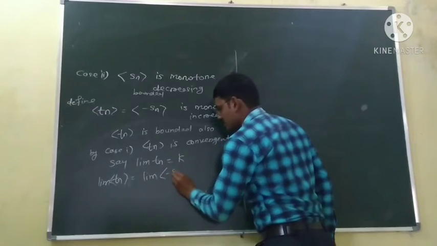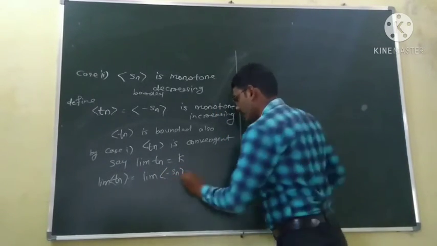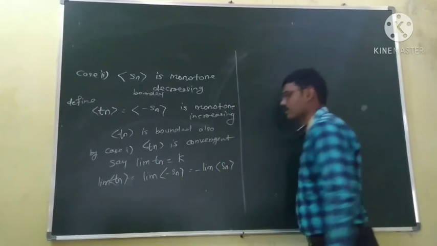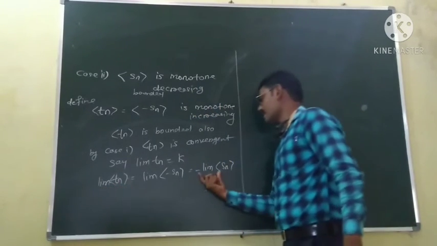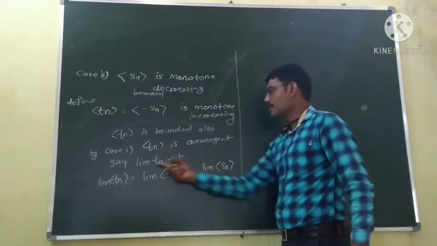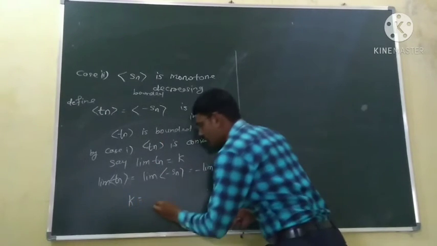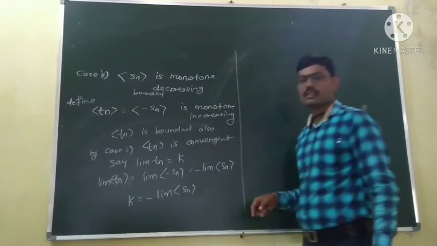The limit of minus Sn. But we know the limit of minus of a sequence is equal to minus the limit of the sequence. So this implies the limit of Tn is equal to minus the limit of Sn. What is the limit of Tn? K. So K is equal to minus the limit of the sequence Sn.